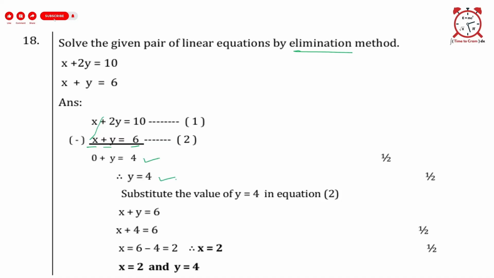We substitute y equal to 4 in either equation 1 or 2. Let us put this value in equation number 2. After putting y equal to 4 in equation 2, we get x equal to 2. So the solution is x equal to 2 and y equal to 4 for the given pair of linear equations.